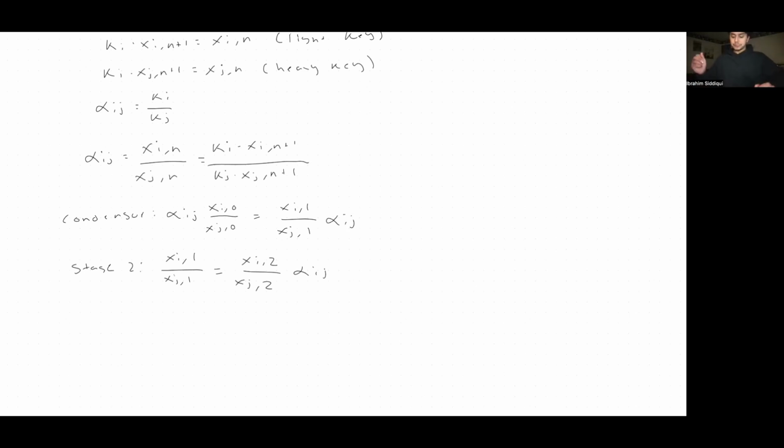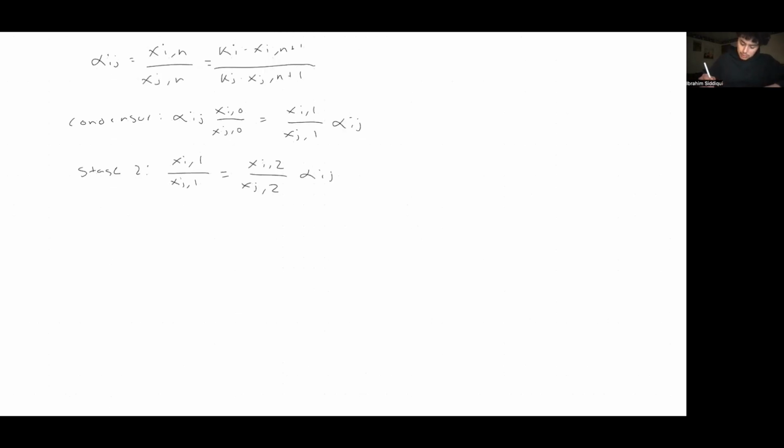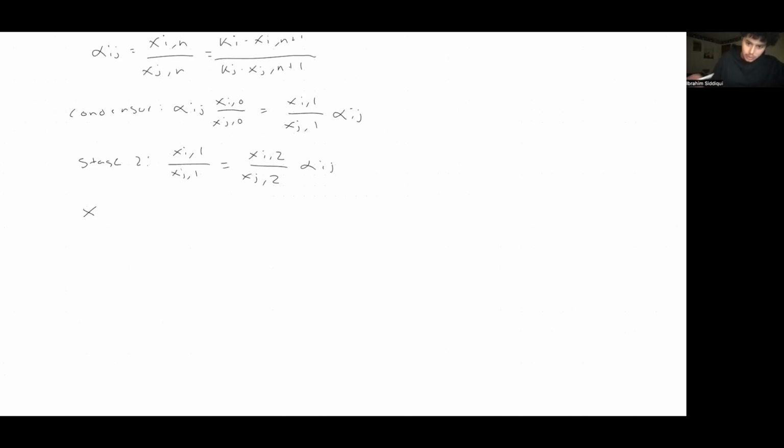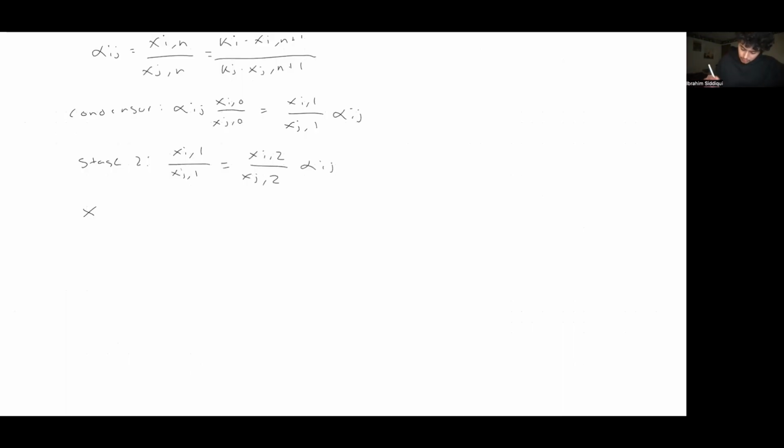Okay, so now what we want to do here is combine these terms. It's going to be a little bit complicated, but we'll go through the process. Combining the terms, we're going to get our liquid composition at stage 0 for our light and heavy key. And this is going to be equal to our relative volatility coefficient.